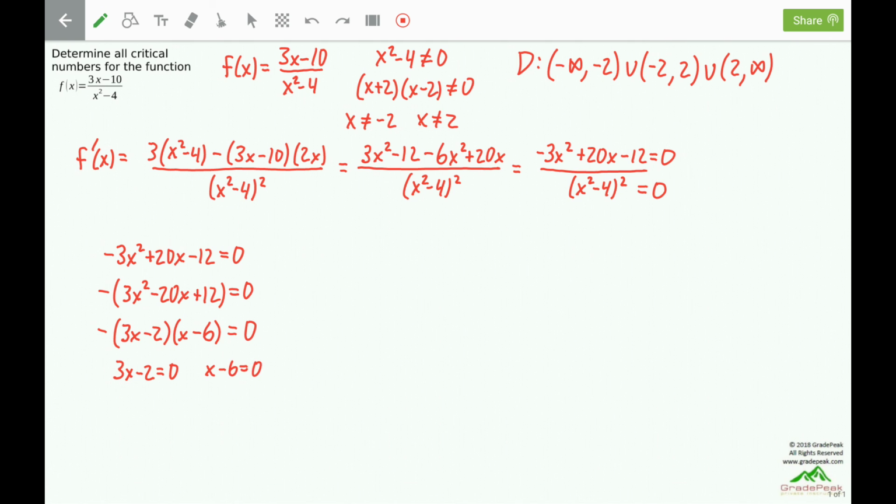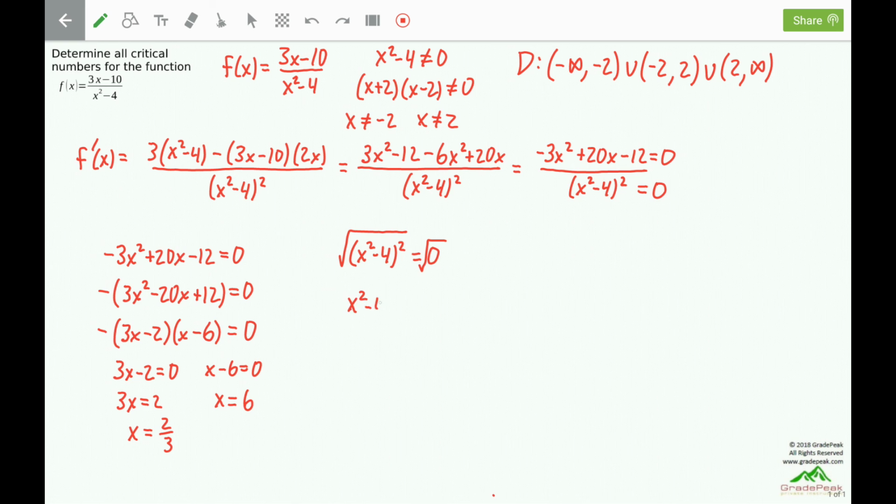Starting with the 3x minus 2, we can add 2 to both sides, and then divide both sides by a 3. And then the x minus 6, we can add 6 to both sides. Now working with the denominator, we have x squared minus 4 squared equals 0. The first thing to do is take the square root of both sides to get rid of the square power.